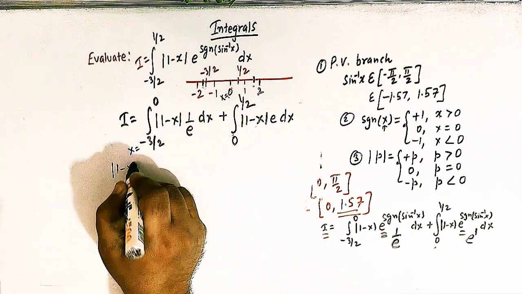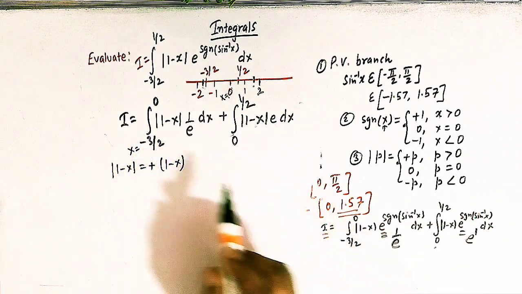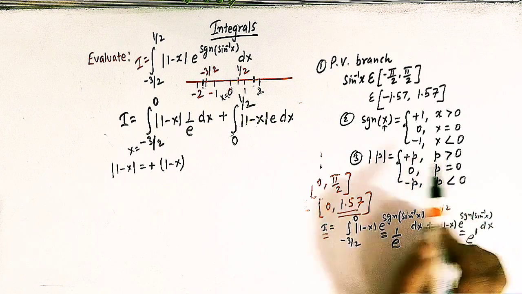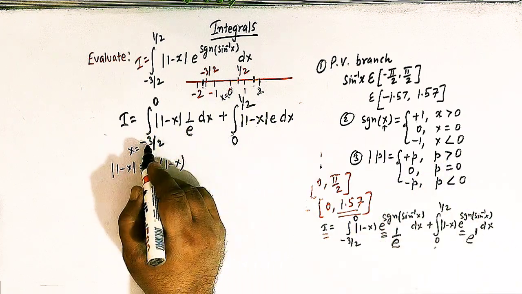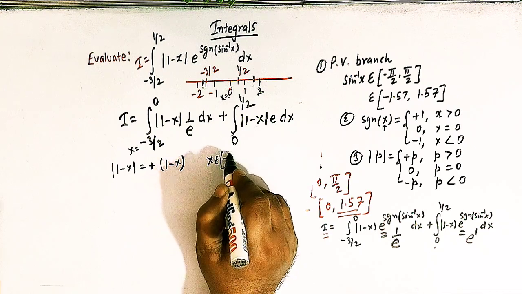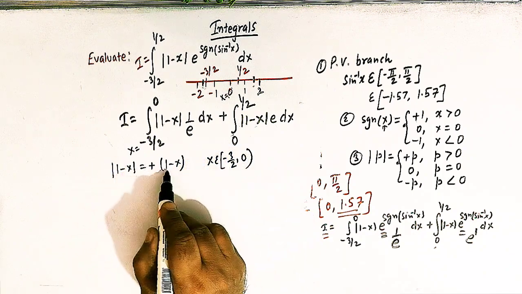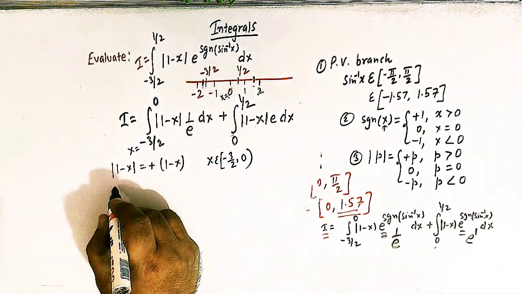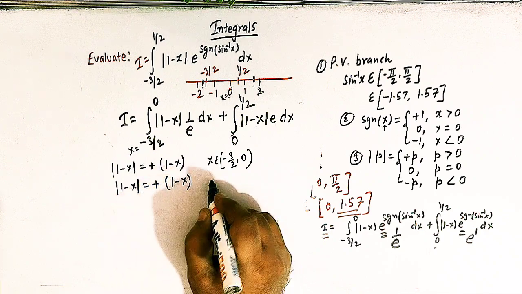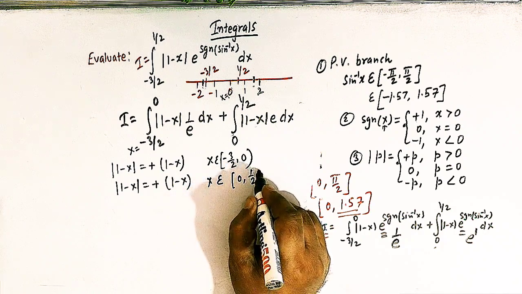So mod of 1 minus x is positive 1 minus x, because the mod of p is plus p whenever p is greater than 0. In the same way, mod of 1 minus x is again positive 1 minus x when x goes from 0 to half.